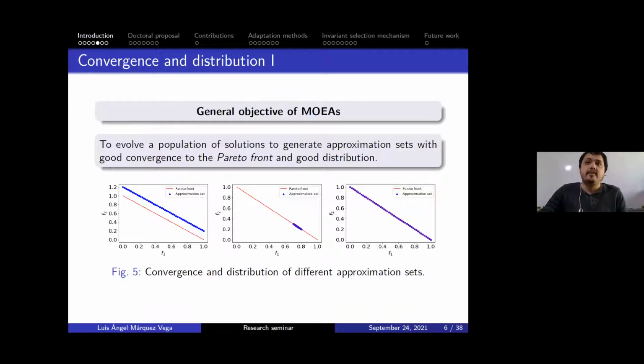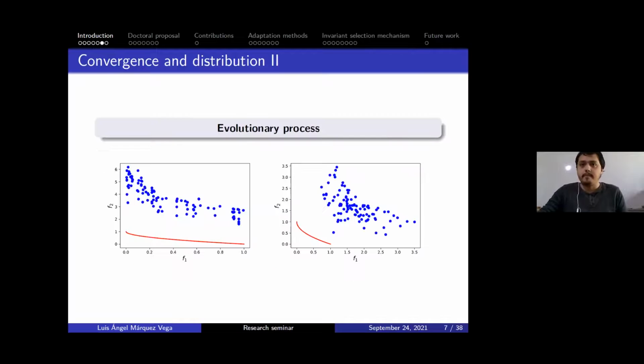In these figures, we can observe an approximation set with poor convergence and good distribution, an approximation set with good convergence but poor distribution of solutions, and an approximation set with good performance, converging to the Pareto front and distributing the solutions to fully cover the whole Pareto front.